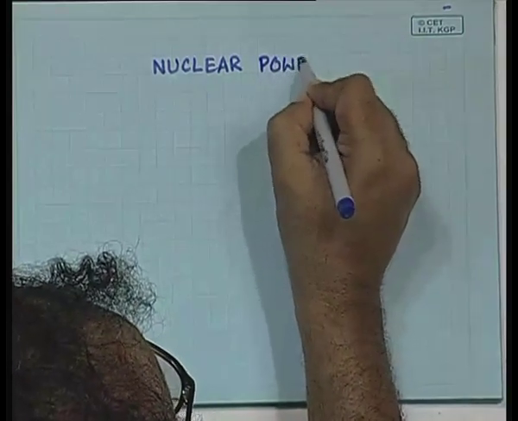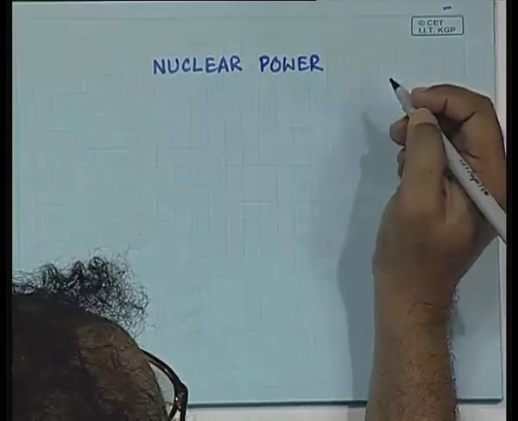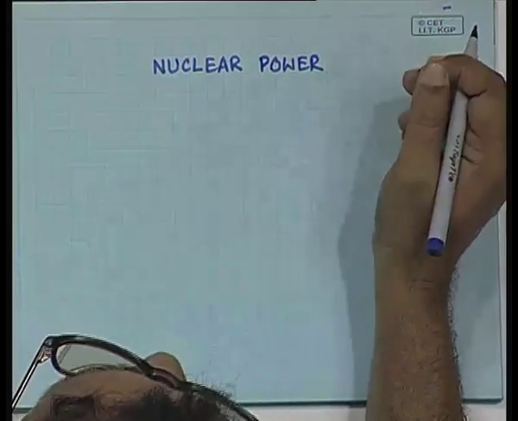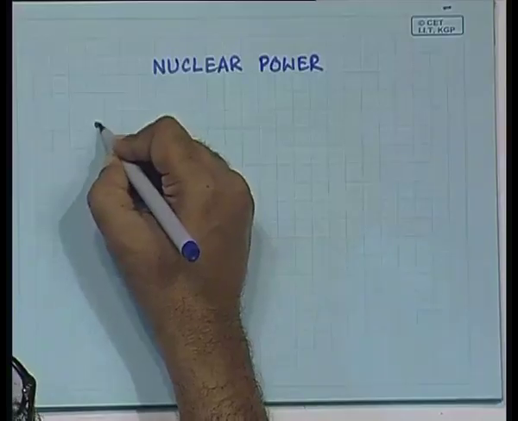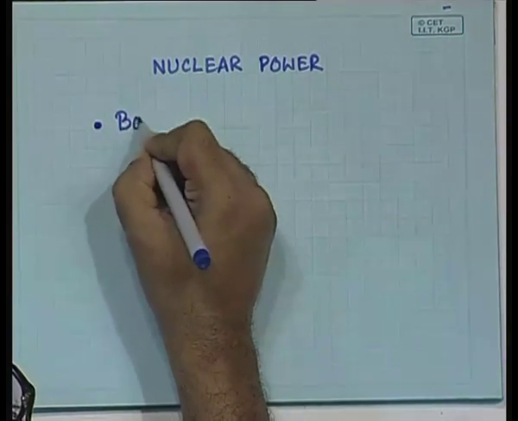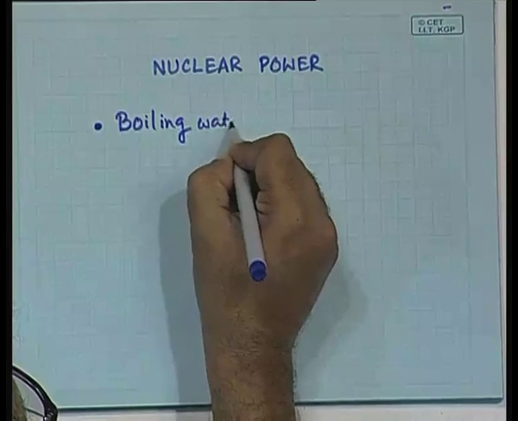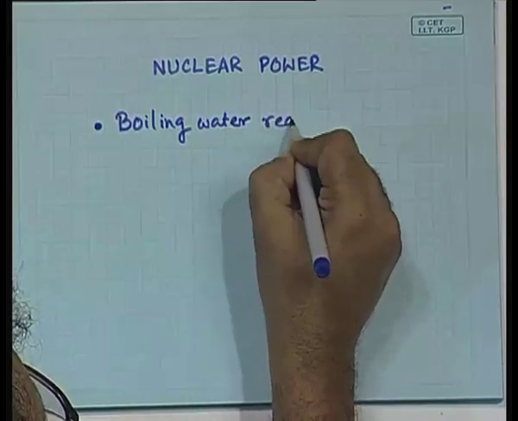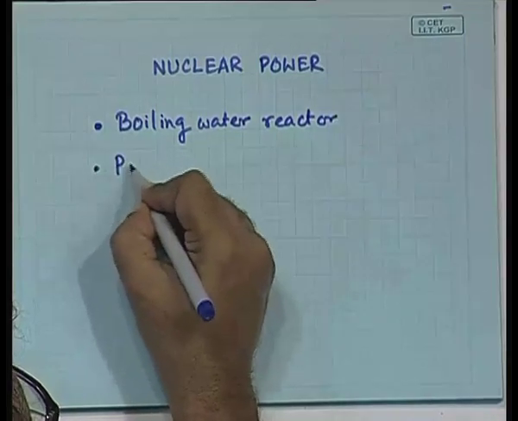Now, here we have a few distinct types of reactors that you have heard of. We have heard of the boiling water reactor, we have heard of the pressurized water reactor.